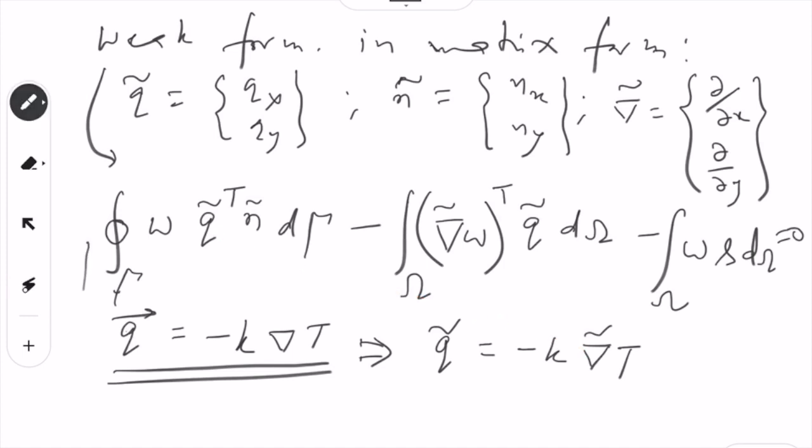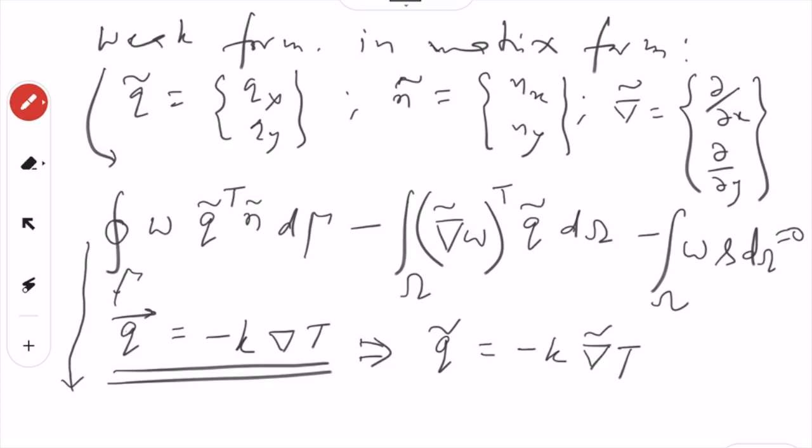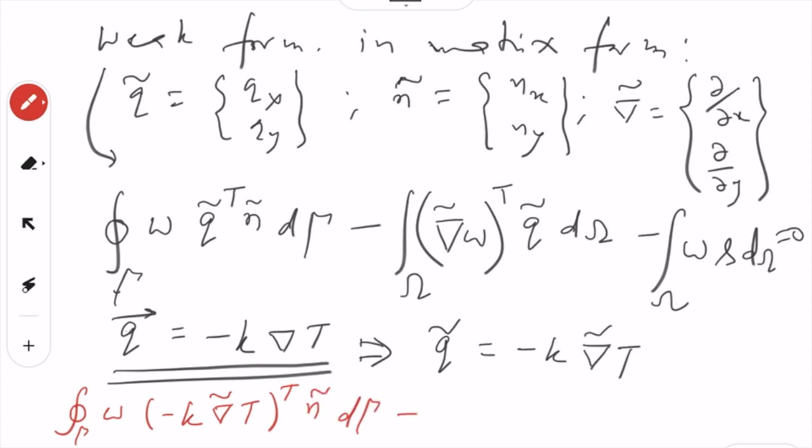Okay, so if you put it here, you will automatically get some values there. So from here, let me write in red now, we have the closed integral over whole gamma of w, and then q, we have to write this: minus k del tilde t transpose n tilde, minus the integral over omega of del tilde w transpose, and then we have minus k del tilde t d omega.